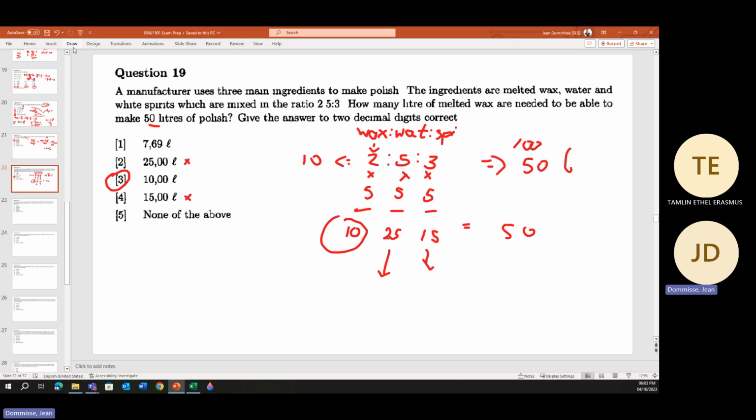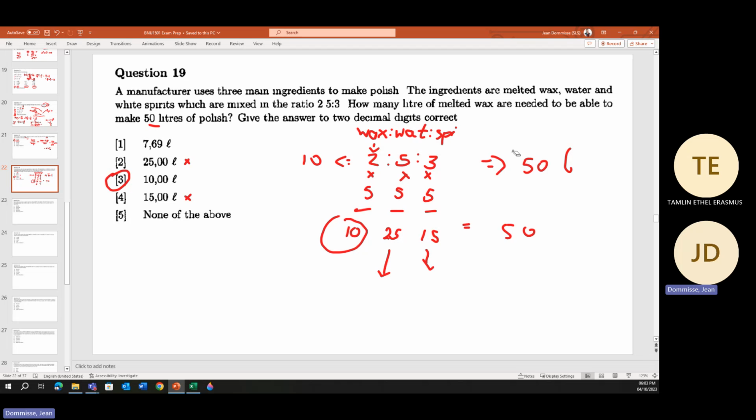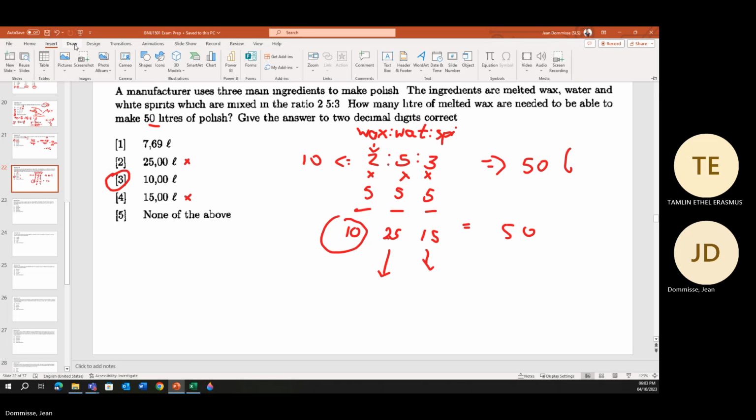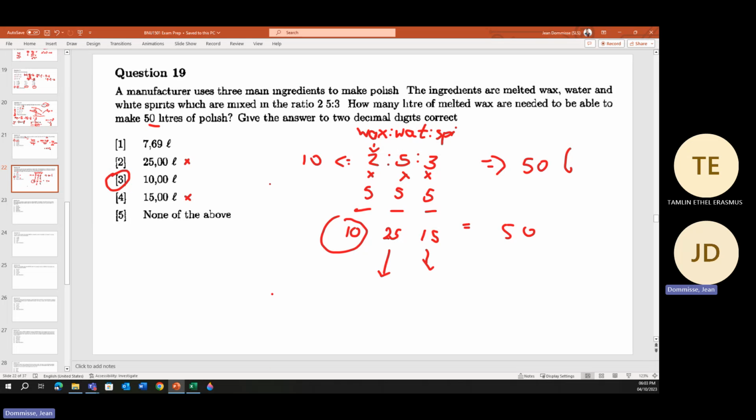So the easiest way always is to just check what multiple you need to multiply everything with. Okay, so that was a question around ratios, and how to work that out.